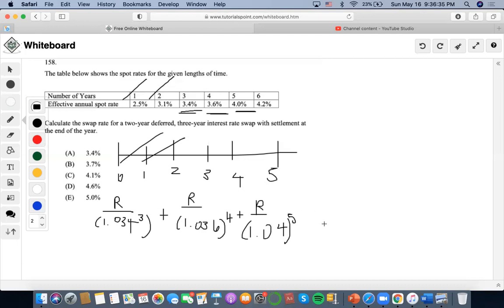No adding one, no repeating, it's just like this because it is a non-level interest rate swap.